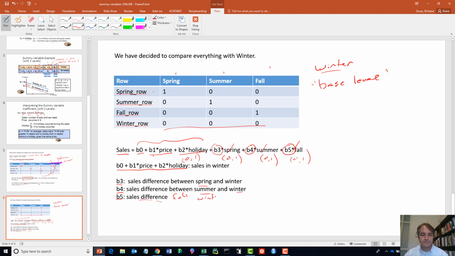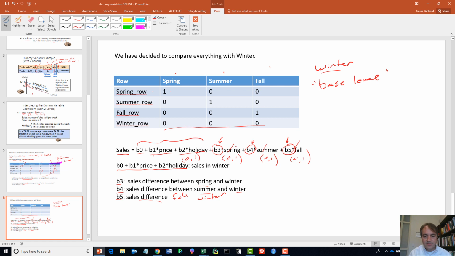Basically, these are going to tell you how much we can expect sales to change when it's in spring, or summer, or fall. So we just have to create dummy variables in this way, where we have one fewer variable than we have levels of that categorical variable.